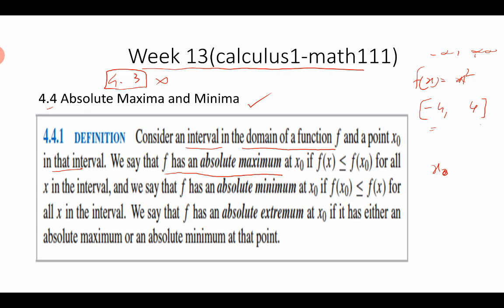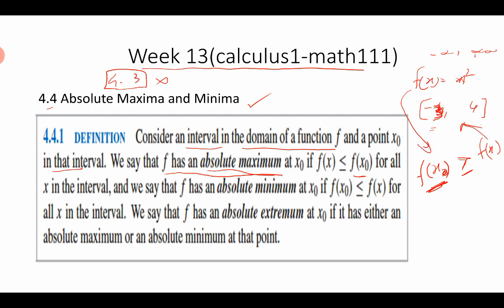If there is a point x0 in this interval, we find f of x0 at the point, and if this value f of x0 is greater than or equal to the value for any other x in the interval, then we say f attains its maximum, which is the absolute maximum, at this point.